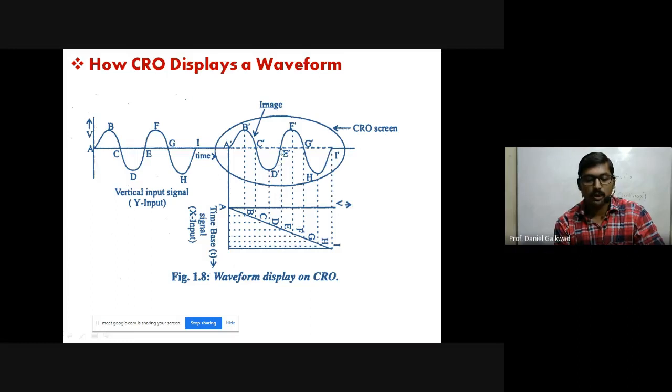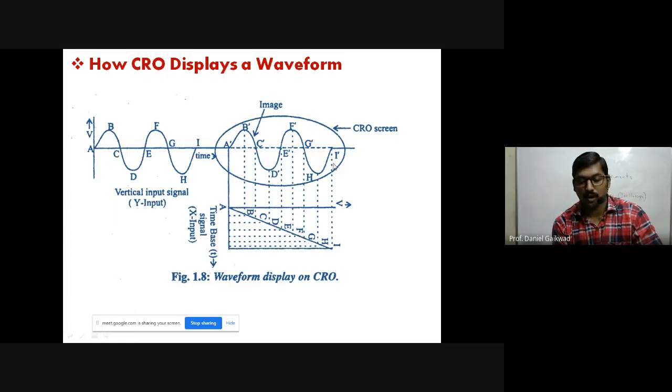So from D dash to E dash, there is again minimum negative to 0. Accordingly, the input signal appears or is displayed on the CRO screen as it is. This is by using the vertical input signal, that is the Y input, and the X input. The X input is directly given to the horizontal and it goes on increasing, from left to right direction.